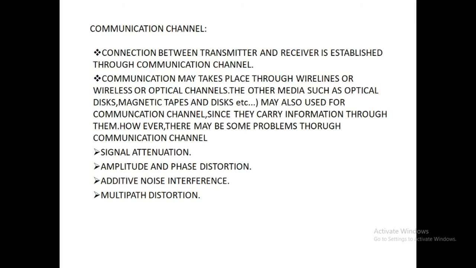However, there may be some problems in the communication channel, like signal attenuation or blockage of the signal, amplitude and phase distortions. There is also a chance of additive noise interference and multipath distortions.